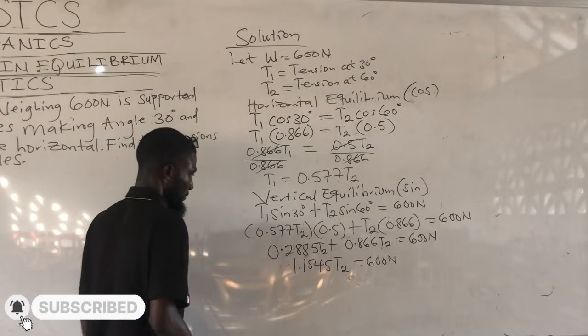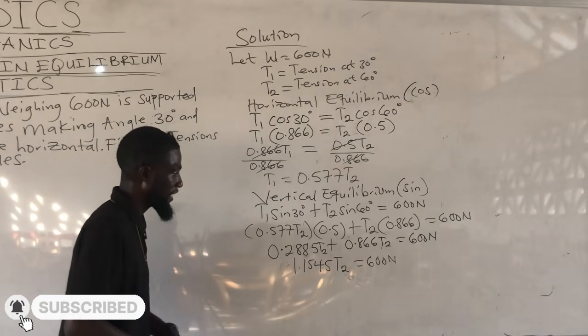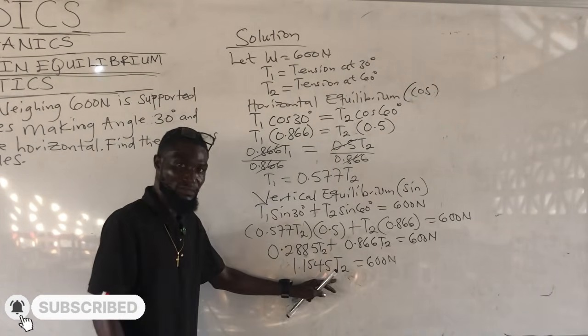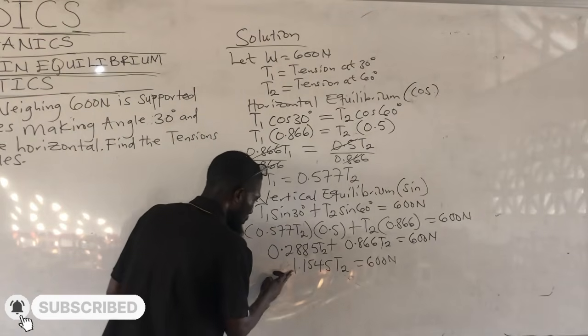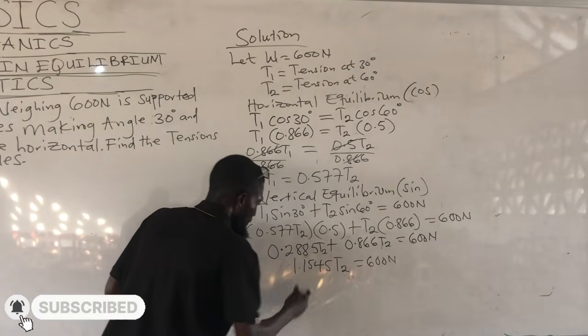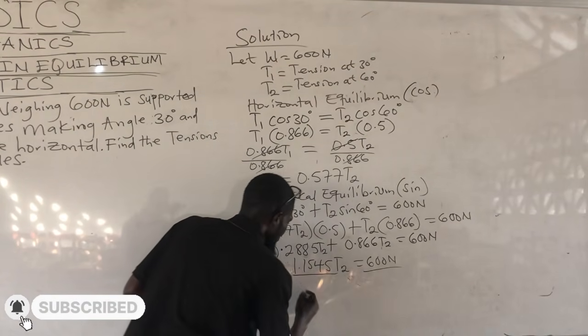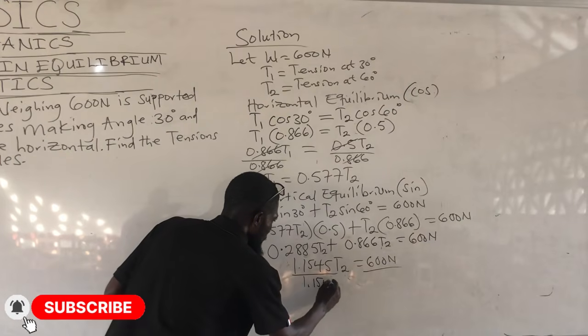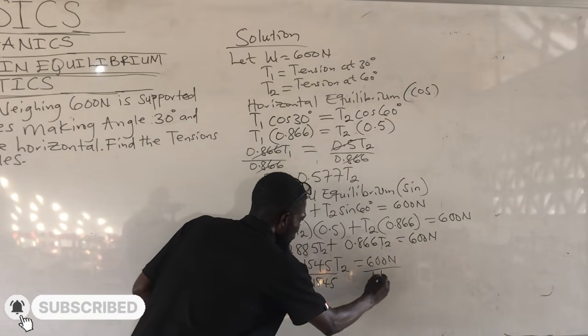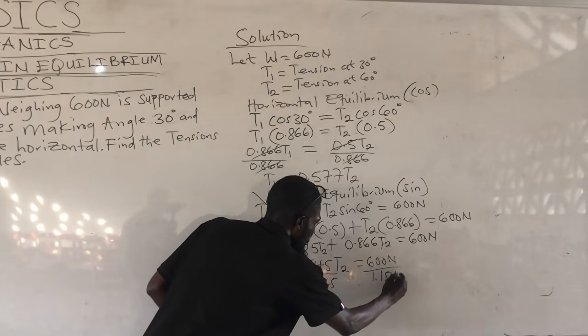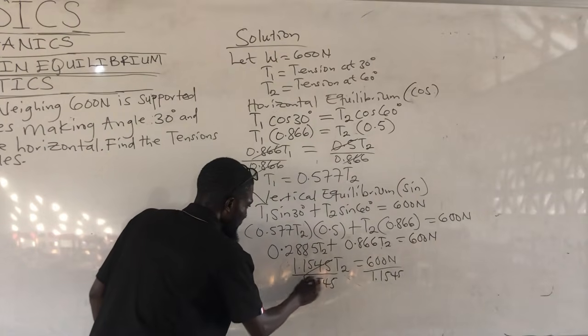What do we do? We divide both sides by the number that is placed near T2 in order to get our answer. And what is the number? 1.1545. So we draw our line again, say 1.1545 and 1.1545. So this and this will cancel.